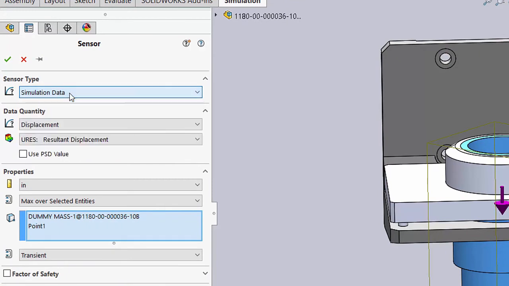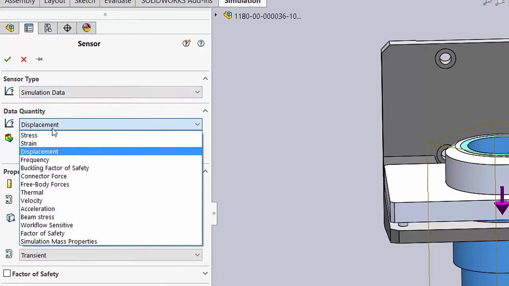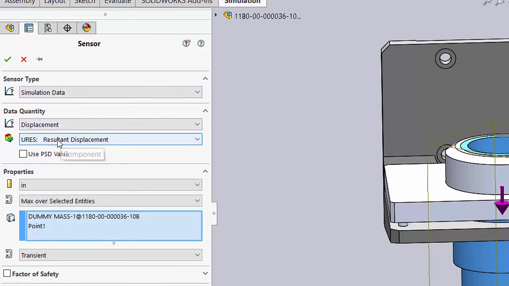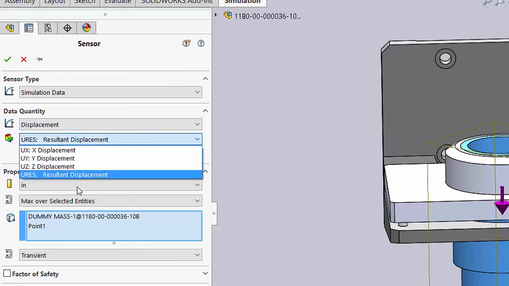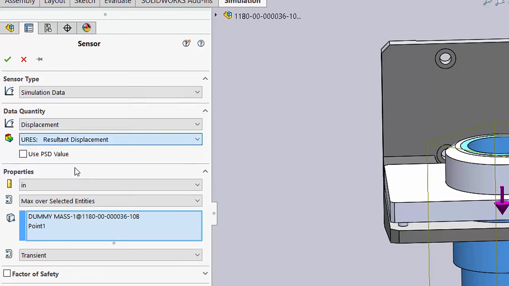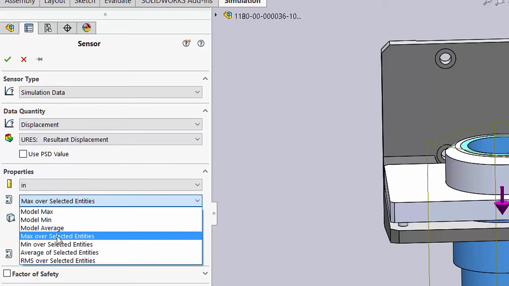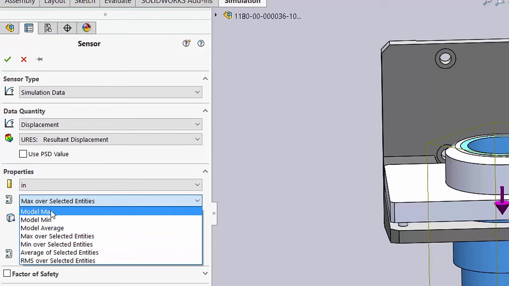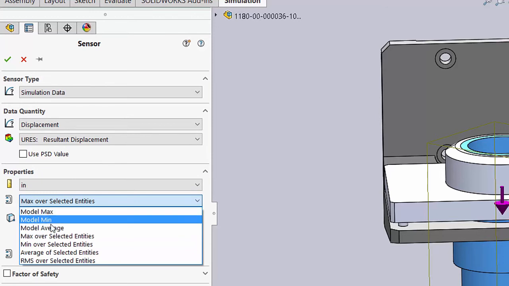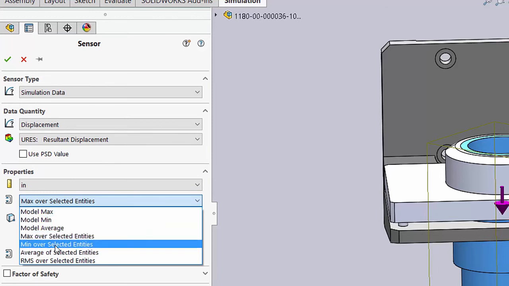I used simulation data. I put it on a displacement data quantity. I did resulting displacement, so that's all three axes movement. If you're interested in the max over the selected entity, then make sure you put it to that, not max model. That does the entire model. Or you can do min over selected entity or average over selected entity.